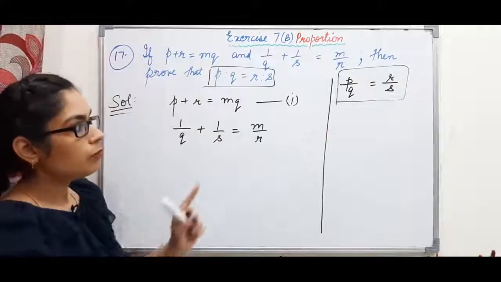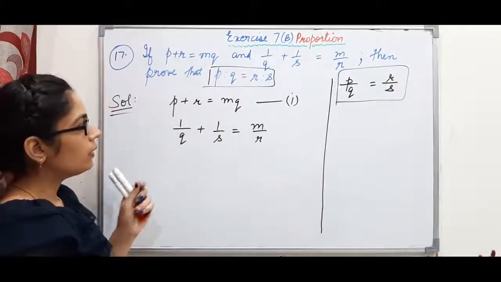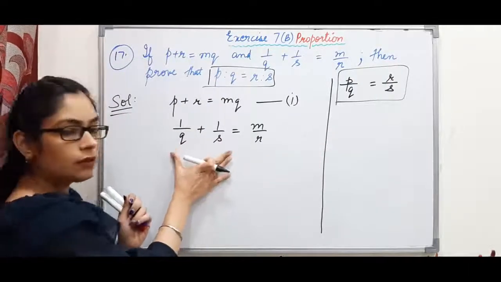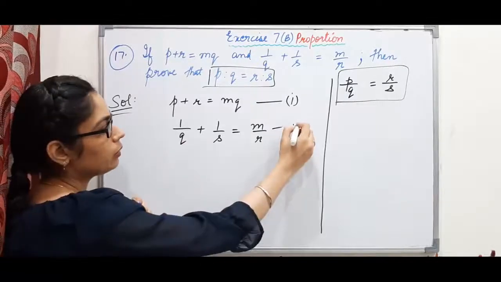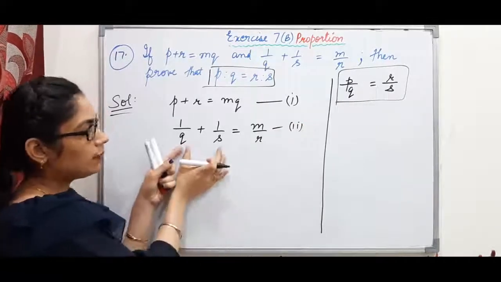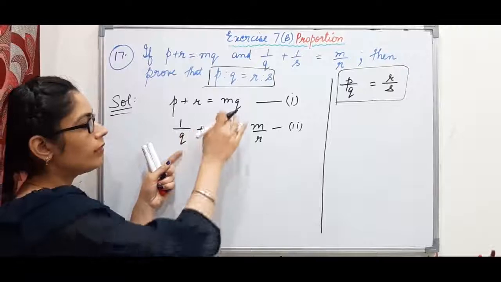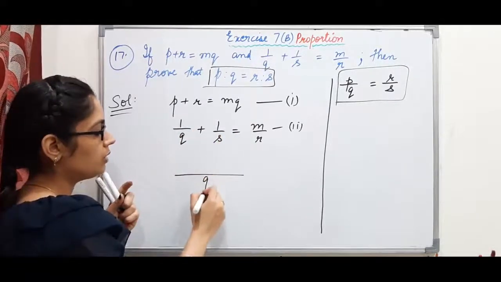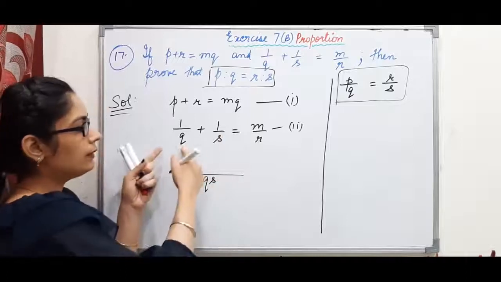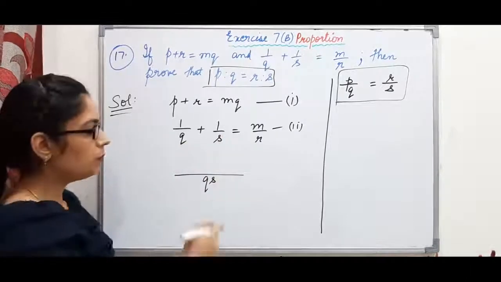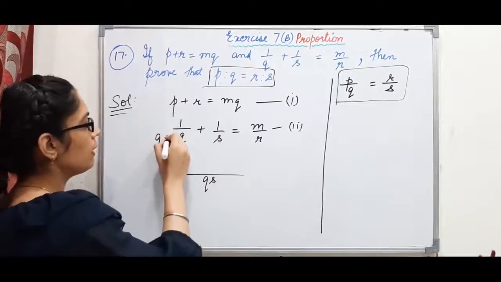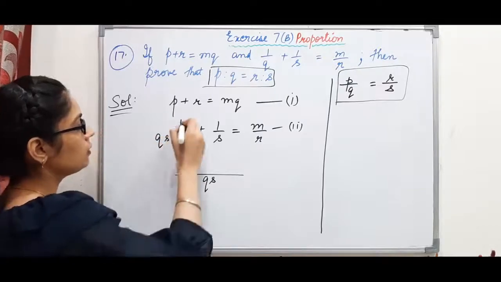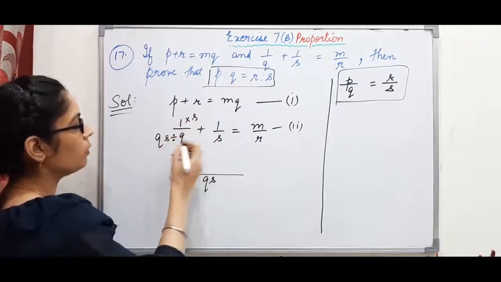So we have to reach there. What we can do here, we can start from the second equation which is given to us. We can take the LCM because two fractions are getting added and their denominators are not the same. LCM of Q and S will be QS, so divide the LCM by the denominators.